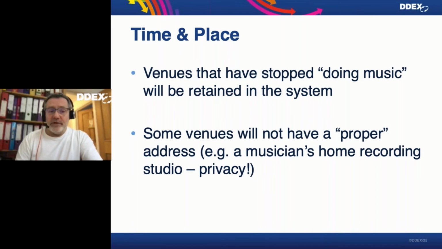It's clearly important that venues that have stopped being venues or that have stopped doing music will be retained in the system. Just because a venue stops being in existence doesn't mean that 20 years earlier somebody has not recorded some music there, and therefore we need to make sure that the data is retained in the system. And as I said earlier, some venues may actually not have a proper address, or some may have a proper address, but we don't want to publish the information.